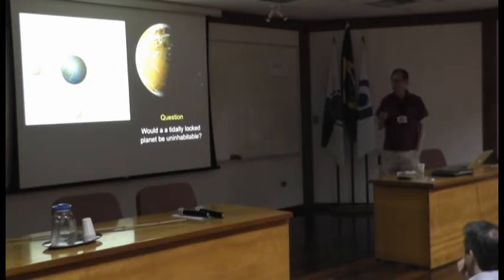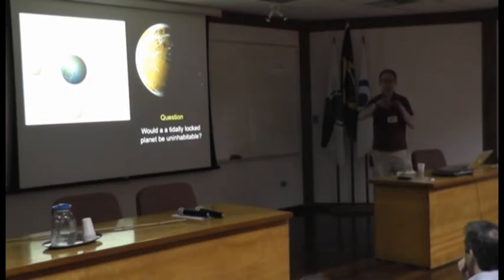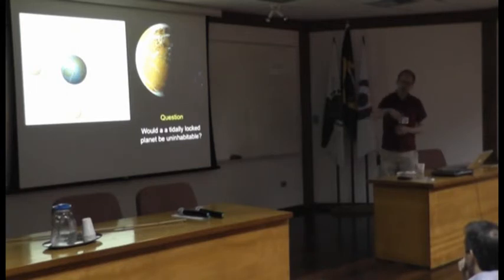When we look at Titan, which is tidally locked, and when we look at Venus, which is a very slow rotating planet, we find that actually the surface temperature on those bodies is very even because they're very efficient at transporting the heat through their thick atmospheres. So the temperature difference between the equator and pole on Titan is 94 Kelvin at the equator and 90 Kelvin at the pole.